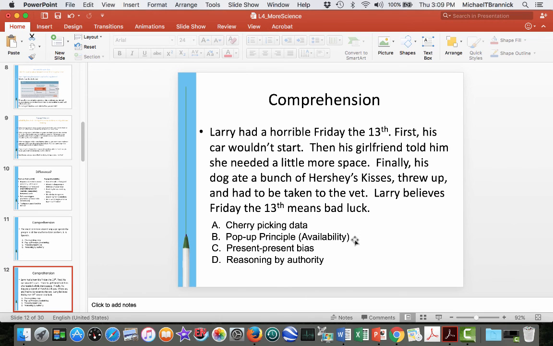Cherry picking, pop-up, availability, positive, or reasoning by authority. Well, this would be positive because Friday the 13th is the cause of all the bad luck, because he's noticed that it's Friday the 13th and he's noticed all this bad stuff happened. I hope his Saturday turns out to be better than Friday.